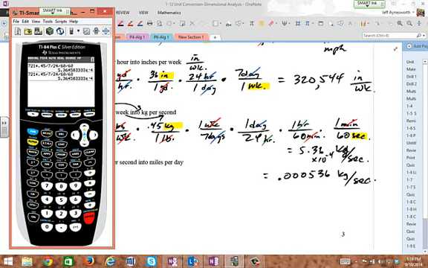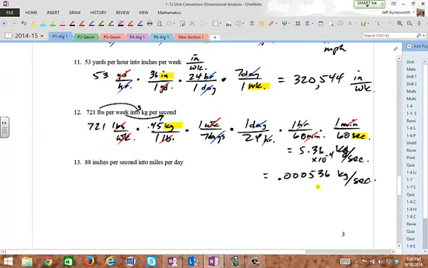No. So I'll tell you what, we'll just keep it on float. So we've got a very, very small amount per second. That's not very much per second.